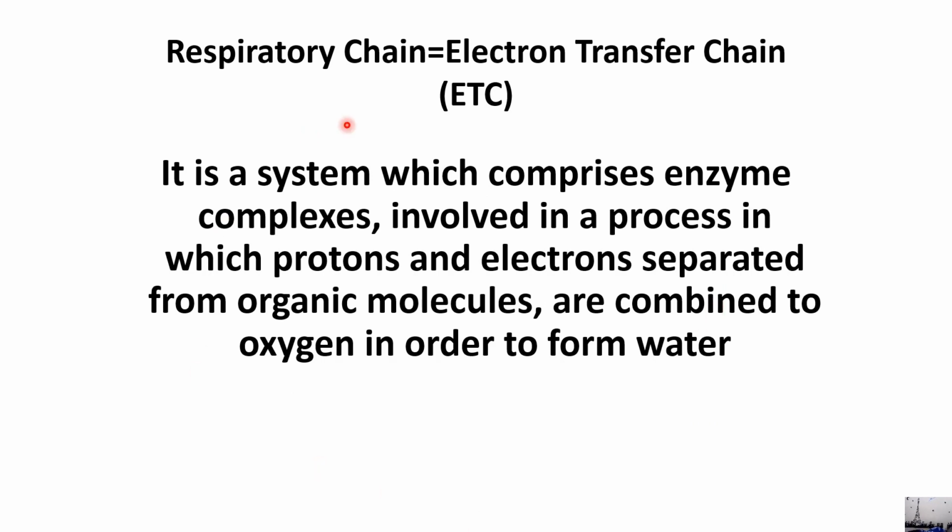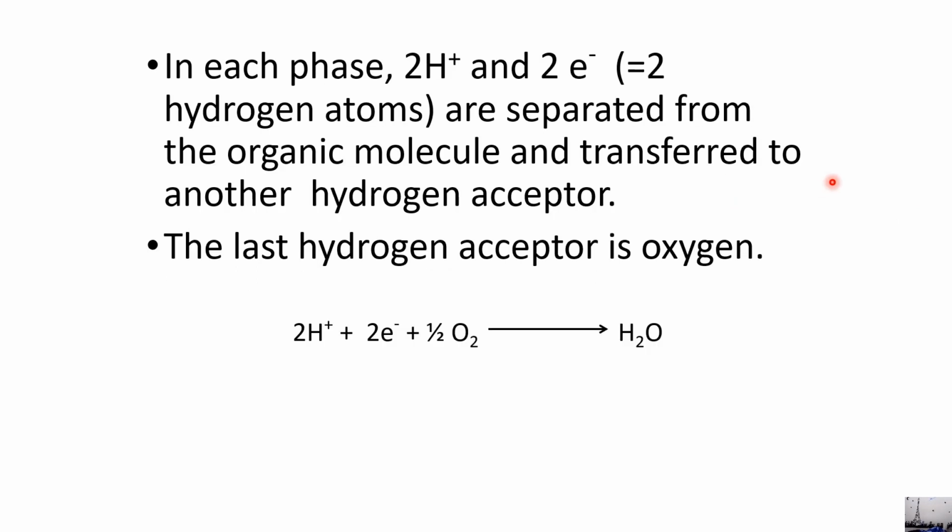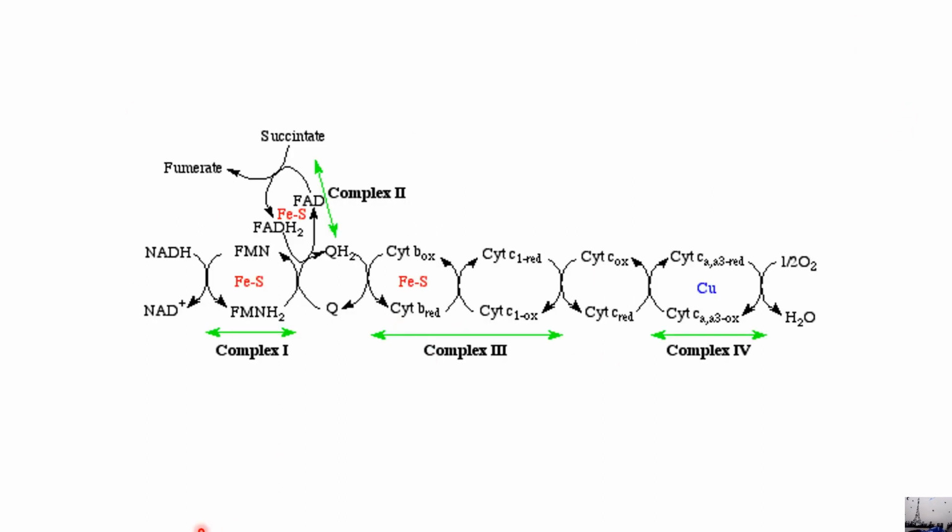The respiratory chain is a system which comprises enzyme complexes involved in a process in which protons and electrons operated by organic molecules are combined to oxygen in order to form water. In each phase, 2H+ and 2 electrons are separated from the organic molecules and transferred to another hydrogen acceptor. And the last hydrogen acceptor is oxygen. This is complex 1, complex 2 and complex 4.